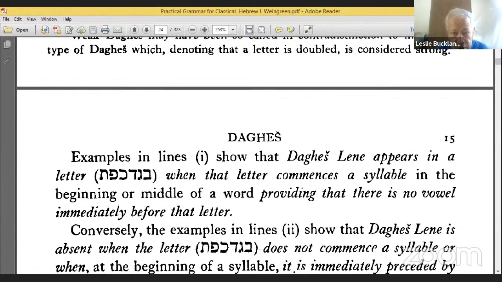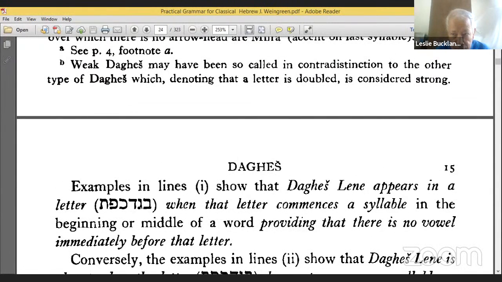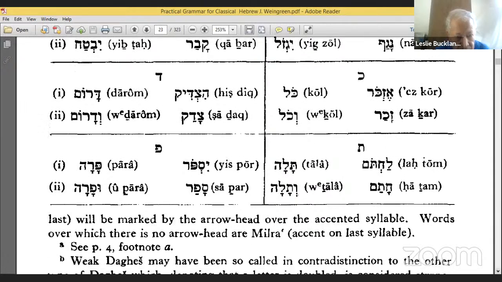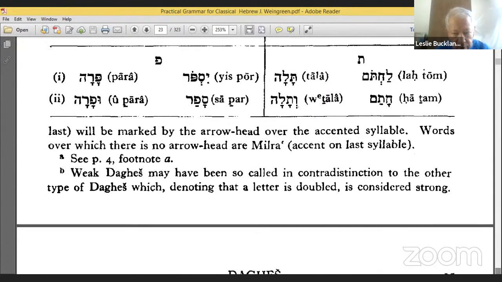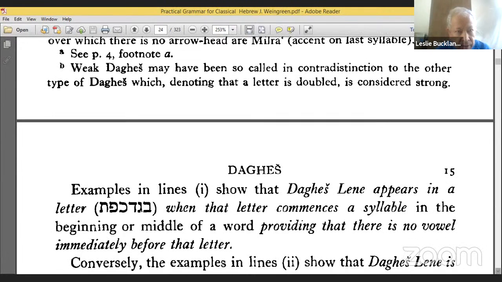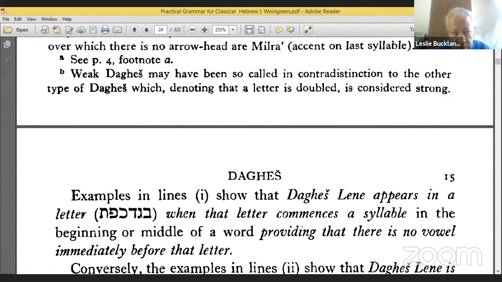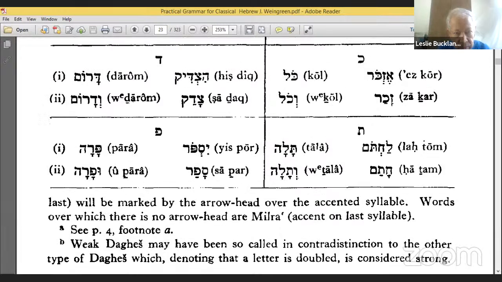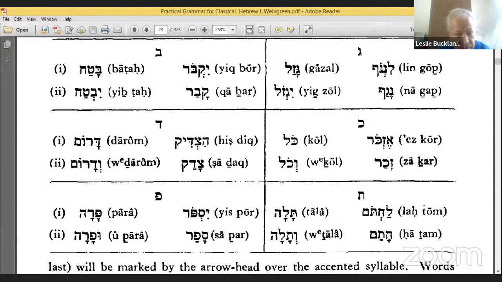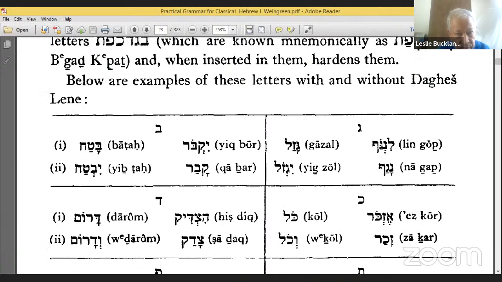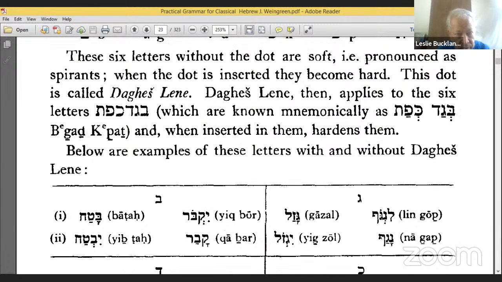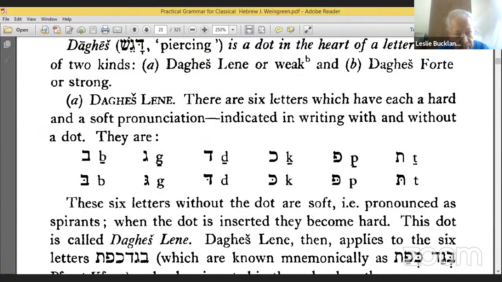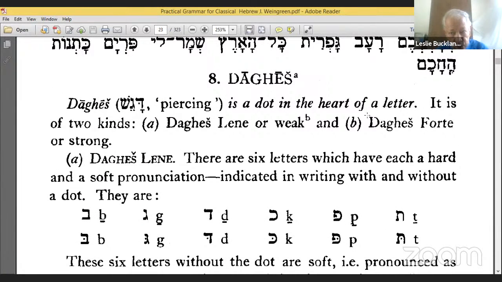Go up to the preceding page, page 23. Okay, this is where I'm talking about.